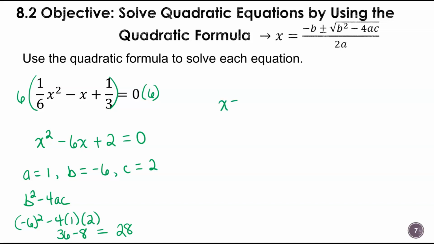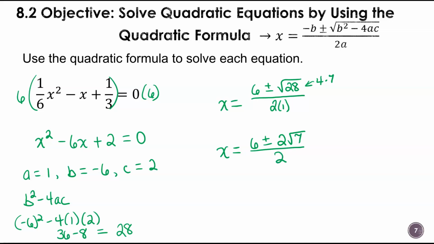And x equals the opposite, right? Negative b means the opposite of b, so that's 6 plus or minus the square root of 28 over 2 times 1 for my denominator. And now we're going to simplify 28 because it's 4 times 7. So 6 plus or minus 2 radical 7 divided by 2.